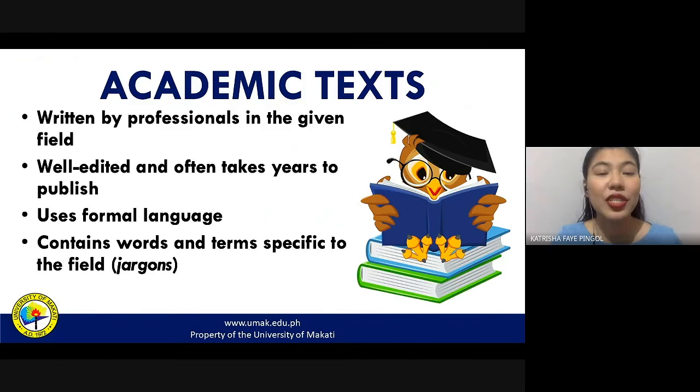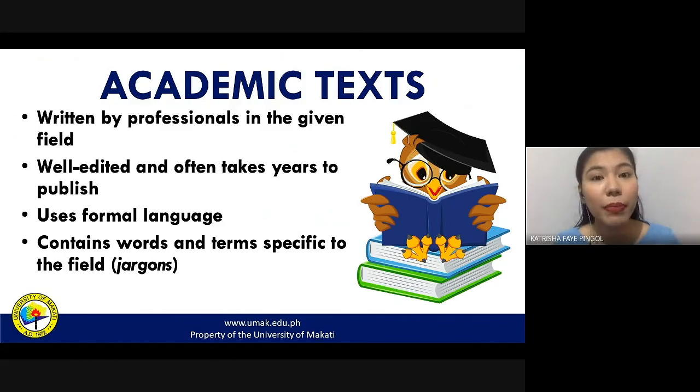Similarly, since it is written by professionals in a particular field, more often than not, academic text contains words and terms that are very specific to that particular field. Take, for example, a doctor writing about certain things in the field of medicine. He or she might be using words and terms that are specific to medicine alone.